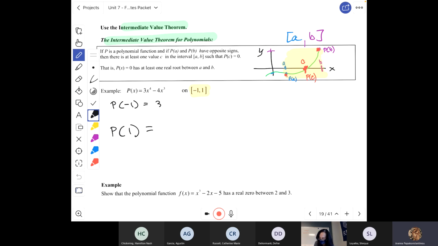So if I take that first value in the interval and I evaluate it, what am I going to get? -1. So that is less than 0, right? That's below the x-axis. Then I'm going to do the same thing for the other endpoint of the interval. And what is that going to give me?